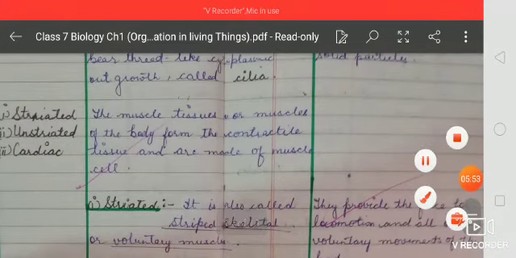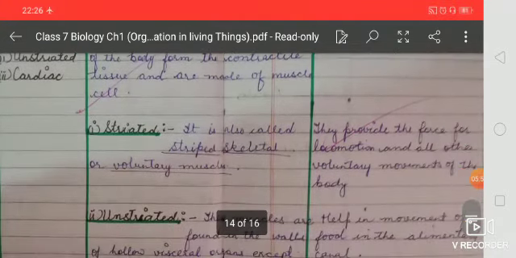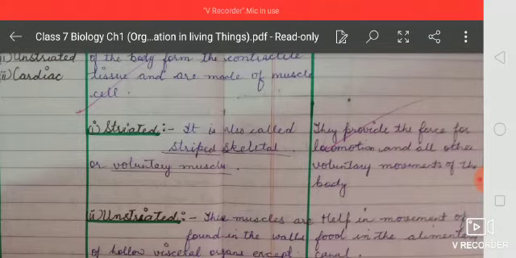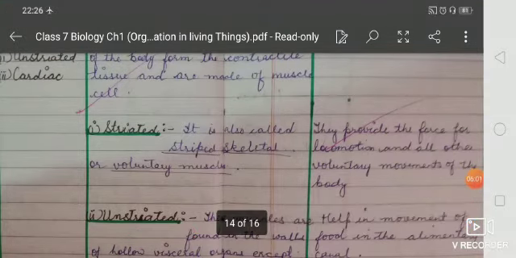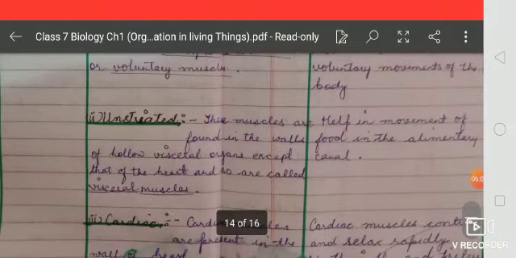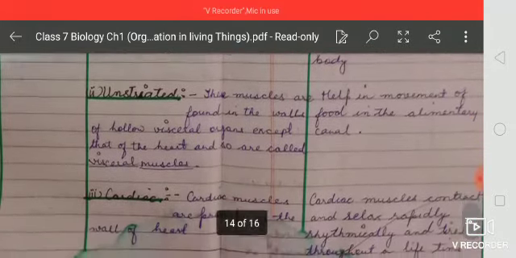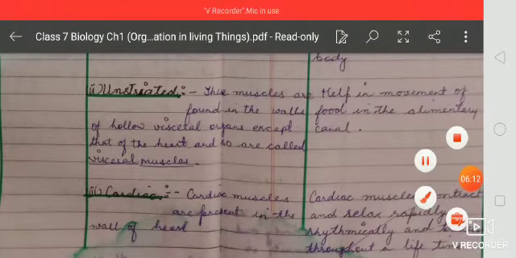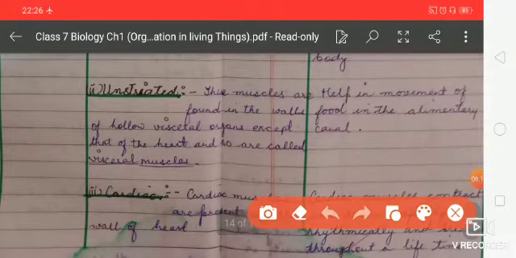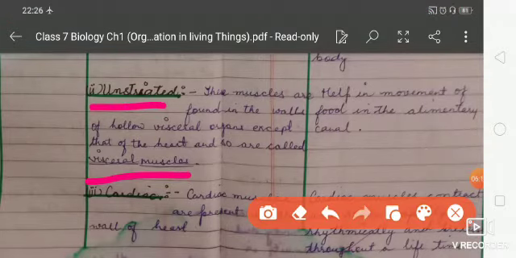Striped muscles are also called skeletal or voluntary muscles, and unstriped muscles are found in the walls of hollow visceral organs except the heart, and so are called visceral muscles. The visceral muscles are also known as unstriated or unstriped muscles.